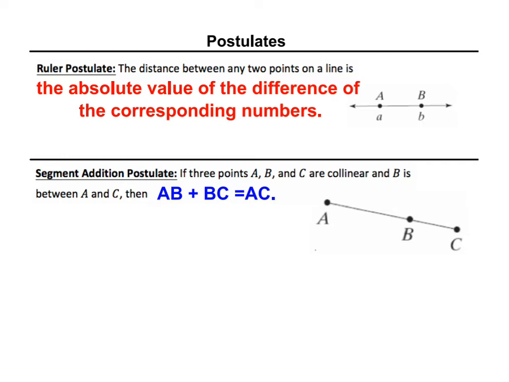So we actually wrote that out in symbolic form on the previous slide when we defined the length of the segment. So if I go back to this same picture here, the length of segment AB, so that's AB, equals the absolute value of the difference between the 2 coordinates, so A minus B. That means we could take some numbers here.